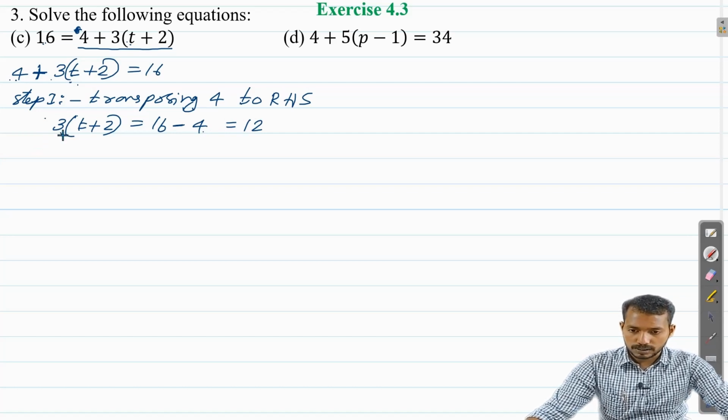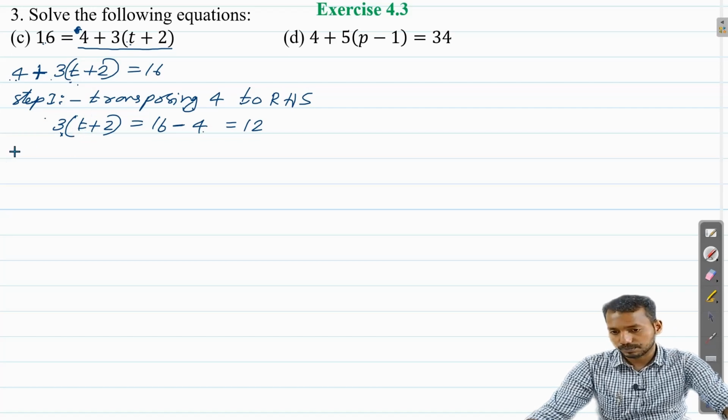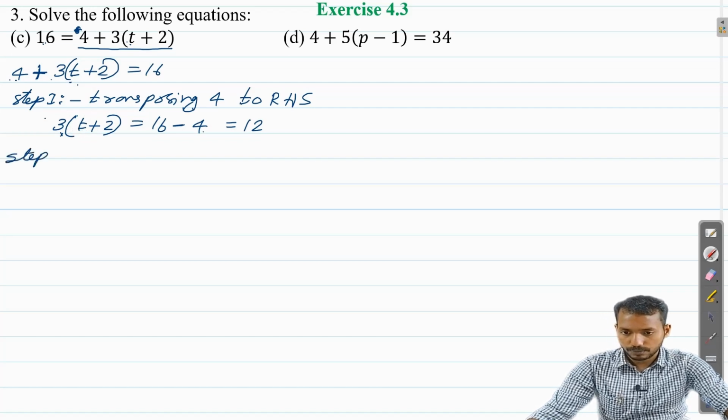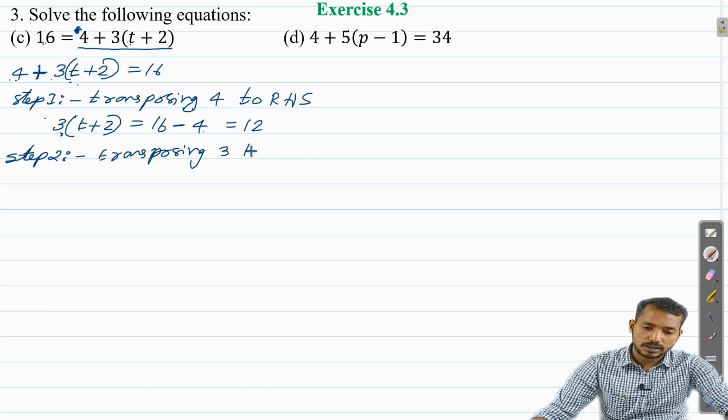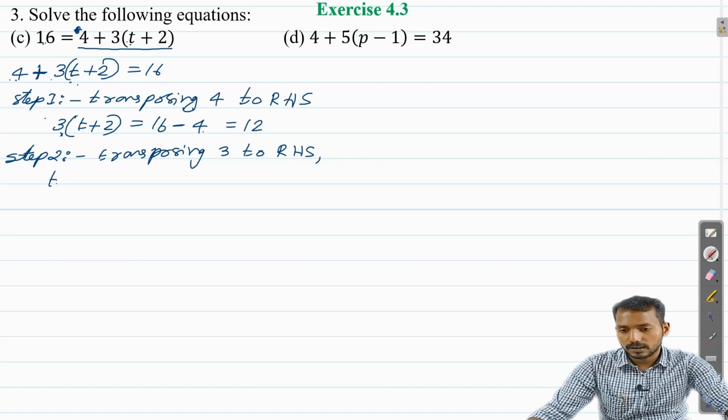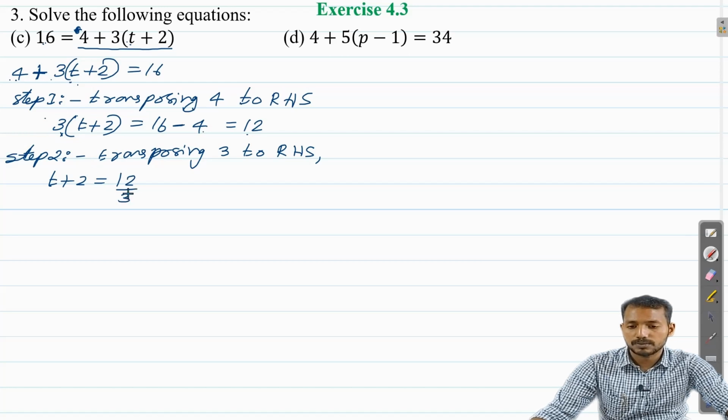Now this 3 should be separated because 3 is multiplied to the entire term t plus 2. So in step 2, transposing 3 to RHS, we get t plus 2 is equal to, here RHS is 12 and this multiplied by 3 will be divided by 3. So 12 by 3 is equal to 4.